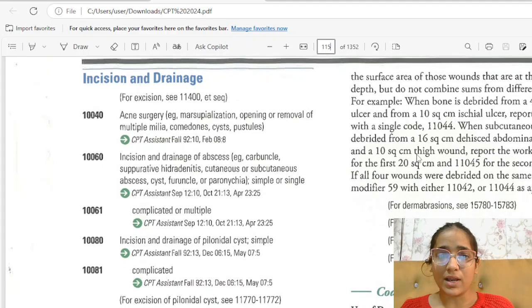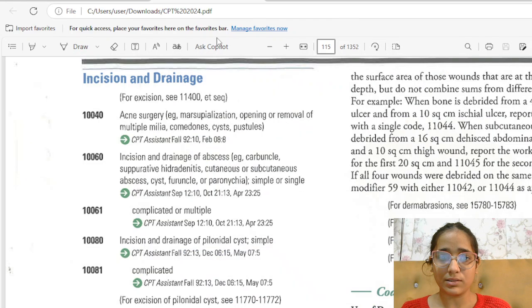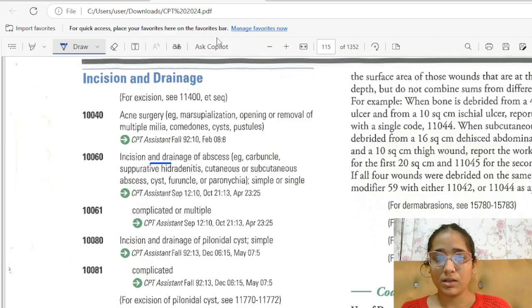10140 is for hematoma surgery. The patient is not coming for that surgery, so we have to rule it out. Now we are left with 10180 and 10160. 10160 is incision and drainage of abscess. These are some examples of the abscesses included in this code.